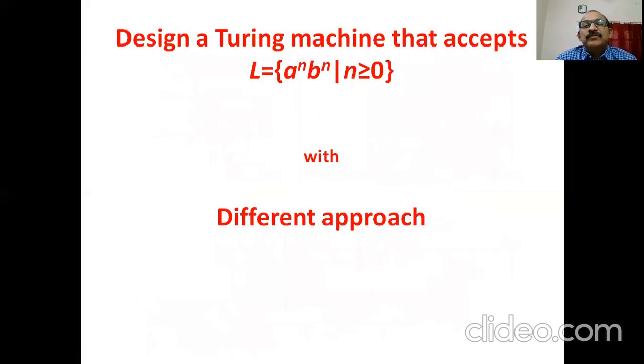I have already told you, there are several ways you can design a Turing machine for a given language, for the same language. Let us see a different approach.